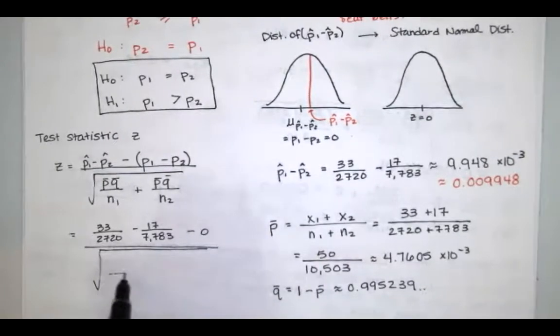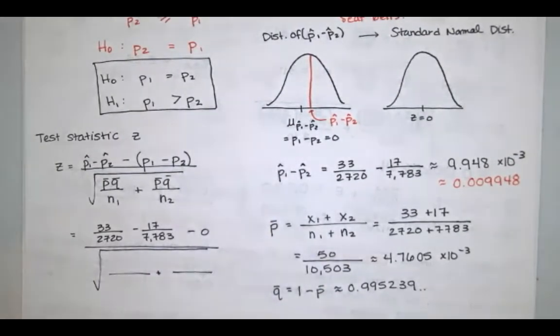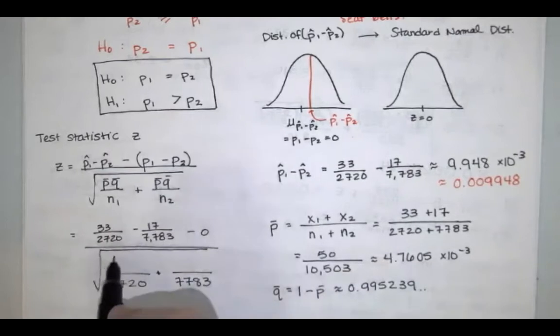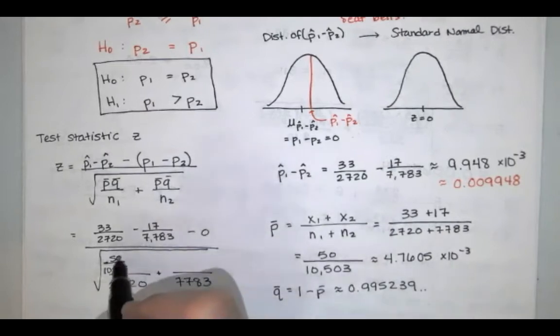And then we're dividing by the square root of these two fractions. The sample size for the first sample was 2,720. The sample size for the second sample was 7,783. And then I want P bar here. So that's 50 out of 10,503.